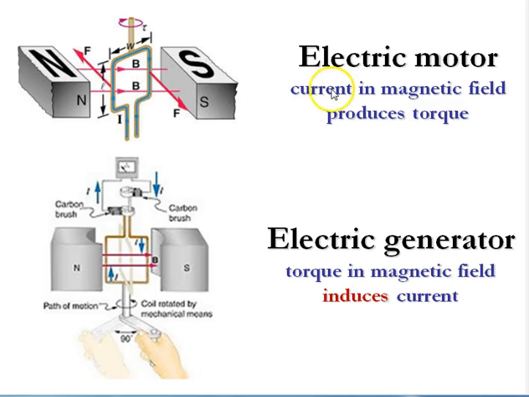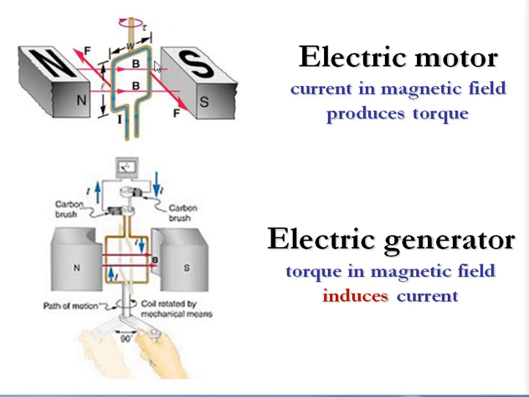So our electric motor, what we've already studied, if we have an existing magnetic field and within that magnetic field we place a current loop and we run a current through that wire, the magnetic field will produce a torque on that loop. Well, if we want it to be a motor, we learn we need to reverse the current every half period, and then we'll produce a continuing rotation.